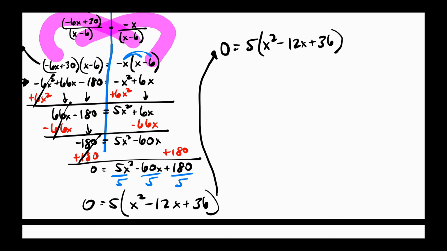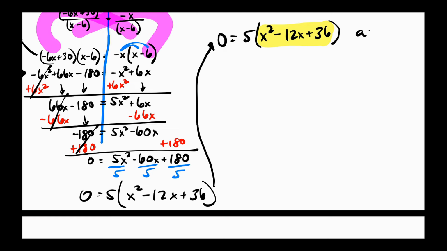Now I can do ABC. So A is 1, B is negative 12, C is positive 36. So I got to find the two numbers that multiply to be 36, add to be negative 12.